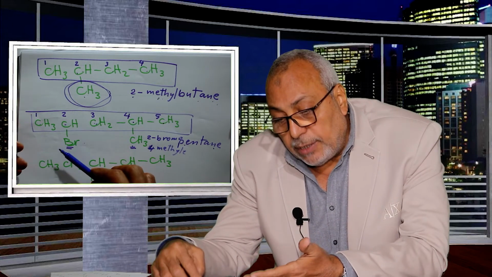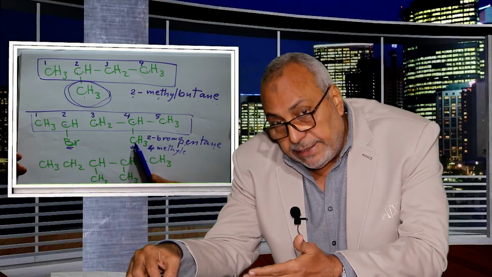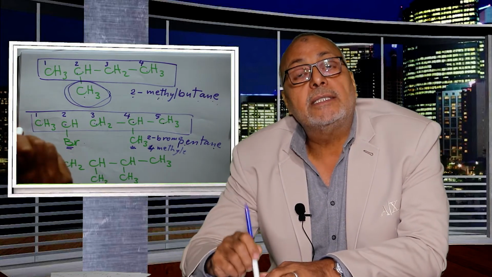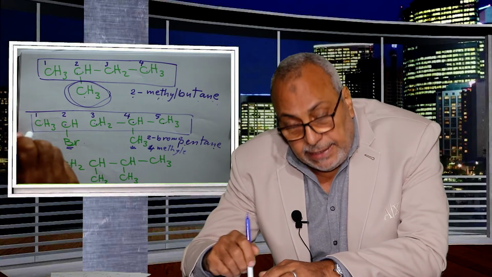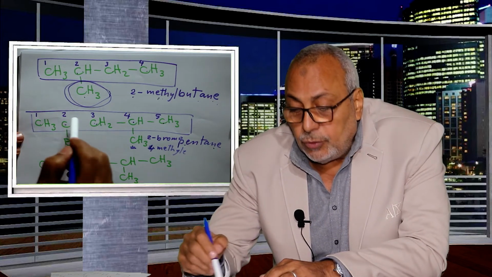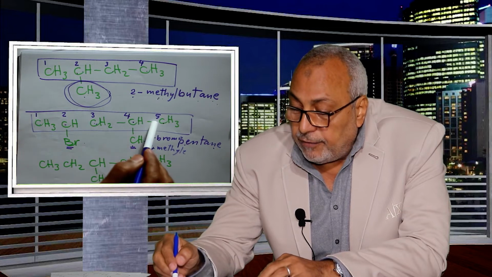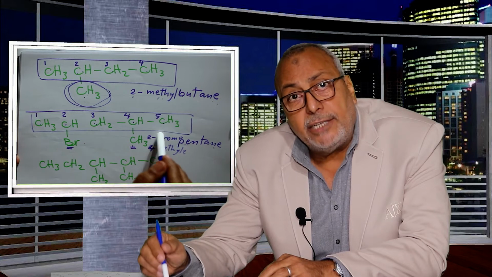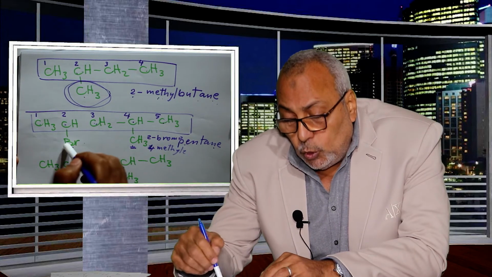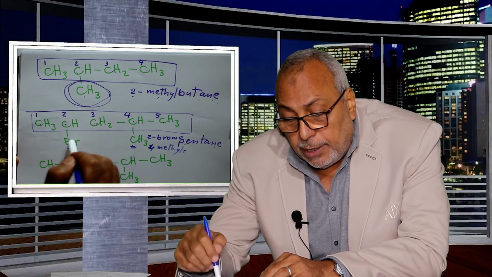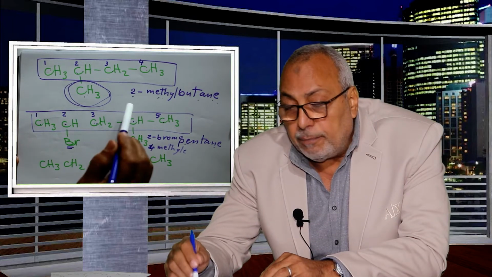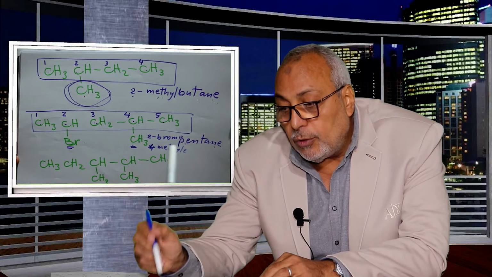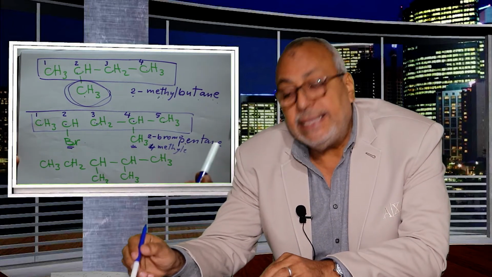The nearest end to the branches, bromo and methyl, is bromo, so we start numbering from this end: 1, 2, 3, 4, 5, pentane. Then write the attached branches: 2 bromo attached to carbon number 2, 4 methyl attached to carbon number 4. 2 bromo, 4 methyl, pentane.